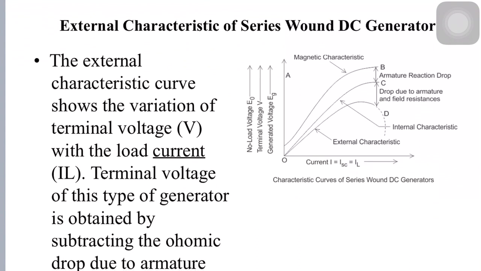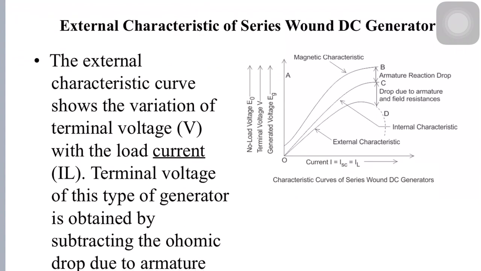Terminal voltage of this type of generator we can obtain by subtracting the ohmic drop due to armature resistance and series field resistance from the actually generated voltage, and we know the formula for terminal voltage: V equals EG minus I into (Ra plus Rsc). Okay.